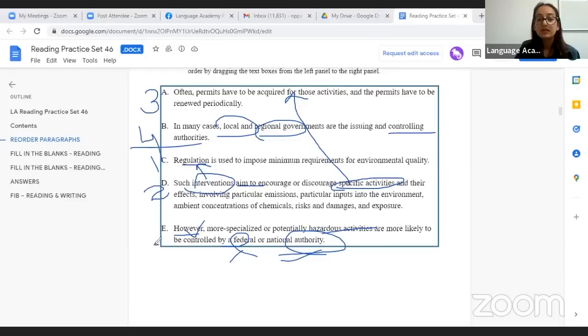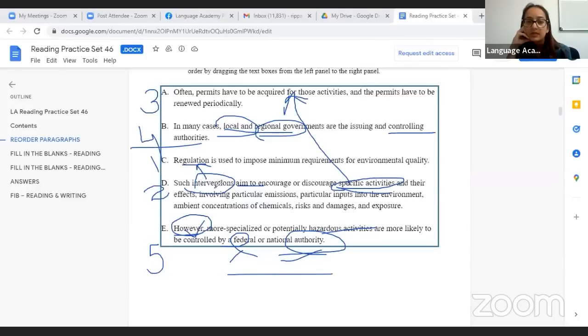So this was a clear hint: however means contrast. The contrast was between different governments. This was the right pair. Specific activities and those activities was a pair, and then regulation and interventions. Maybe you did not know the meaning and that's why. But I hope it is clear now.